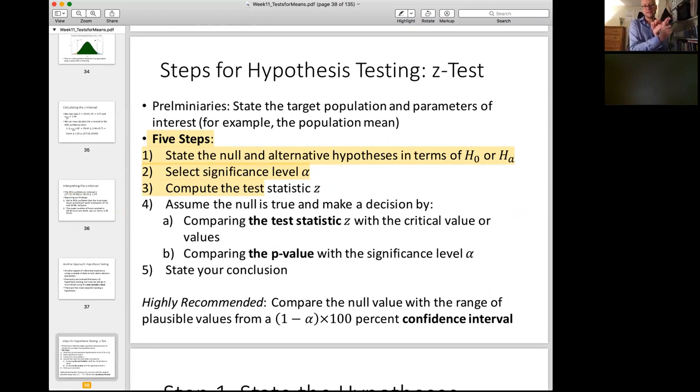You compute the alpha level. It's going to be 0.05 typically. You compute the z-test statistic or the t-test statistic if the sample size is small, but same thing. It's just a number that describes how far your estimates are. And then you assume the null is true, and you look at the p-value. If the p-value is less than 0.05, it's statistically significant, and you conclude whether something is right or wrong. And we're going to go through those examples tomorrow.